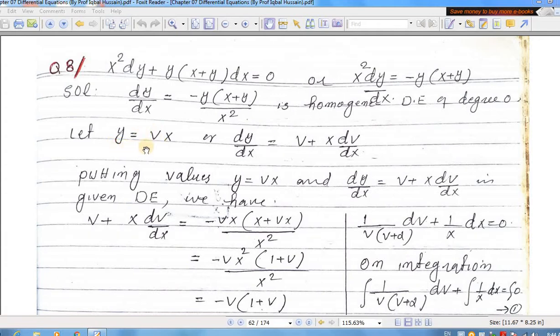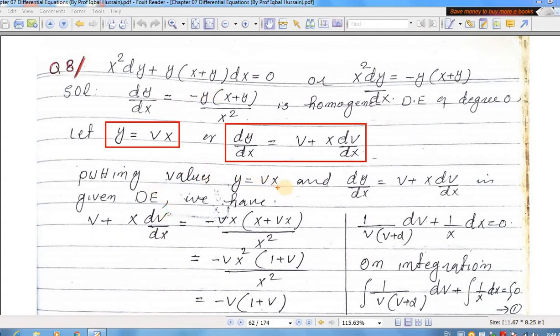So let y is equal to vx, differentiating we get this one. Now putting the values: here we have the value of dy by dx, and here we have the value of y. We will put these two values in this differential equation.